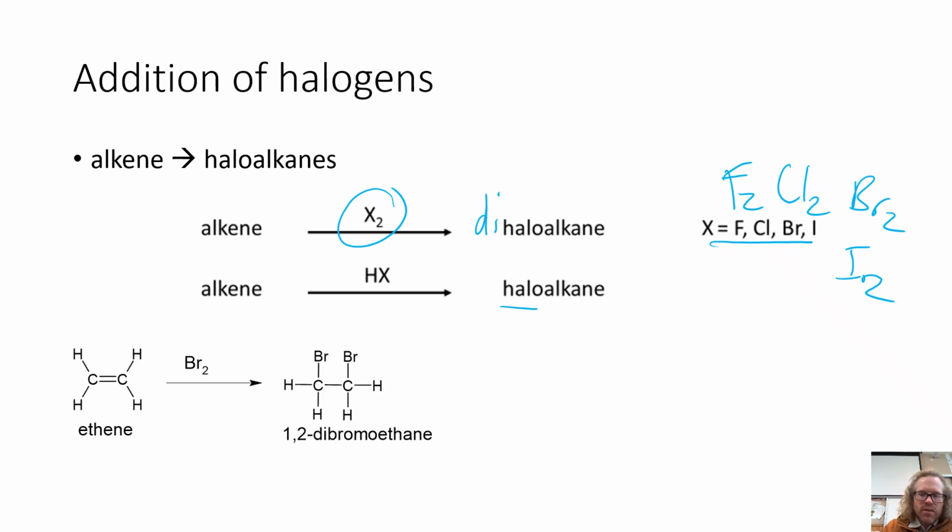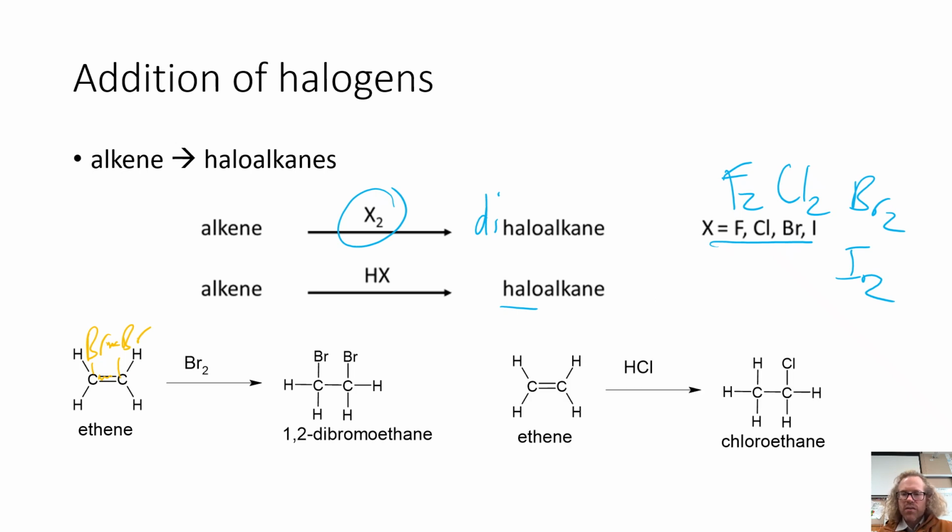So here we've got the bromine, and the bromine adds one to each of the carbons as it breaks that bond, ending up with that dibromoethane, one on each carbon.